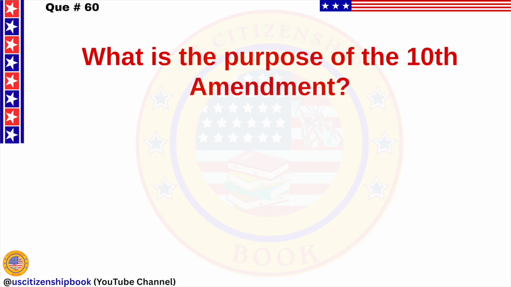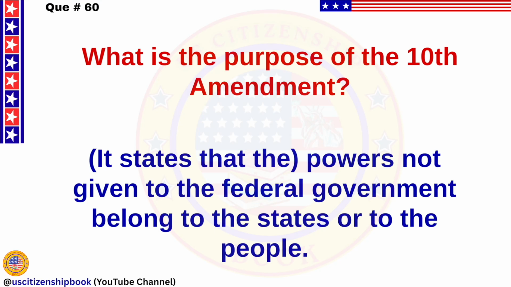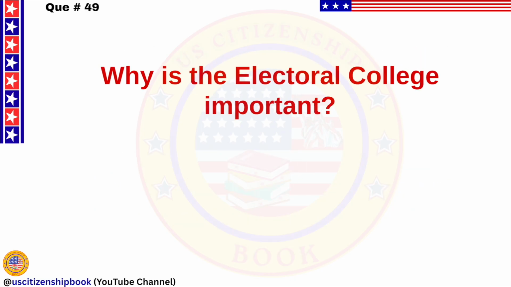What is the purpose of the 10th Amendment? It states that the powers not given to the federal government belong to the states or to the people. Why is the Electoral College important?